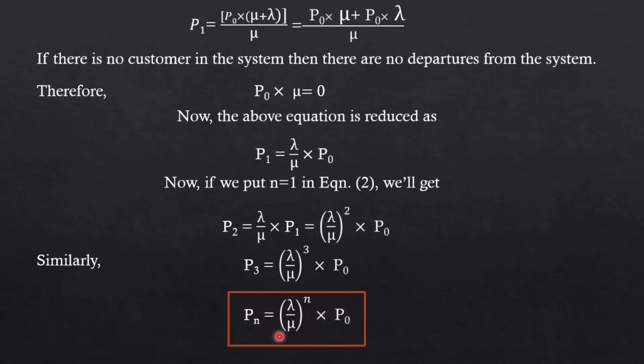So please remember this equation. The probability of n number of customers in the system is given by lambda by mu, or we can simply write rho, to the power n multiplied by p0.